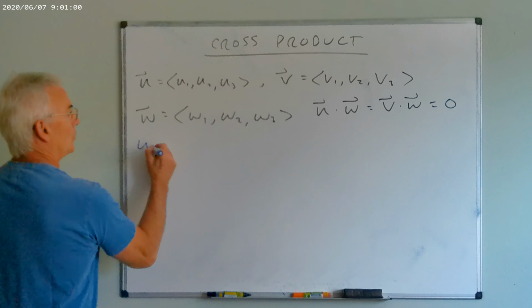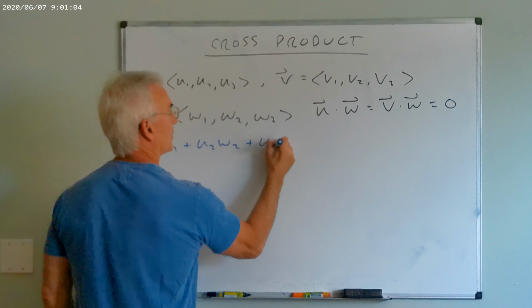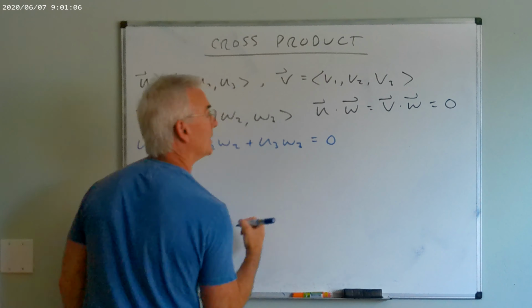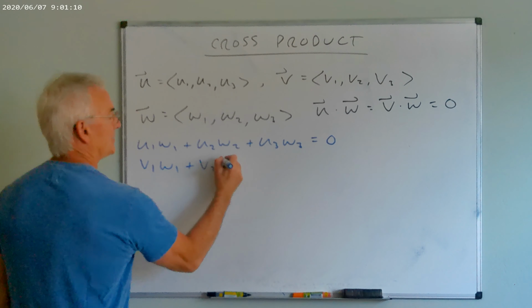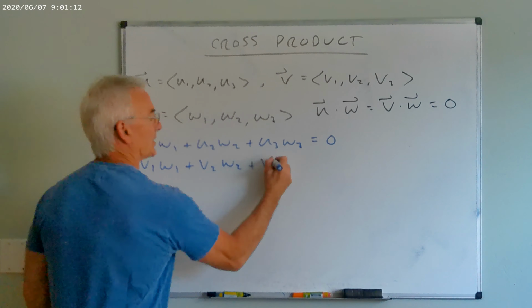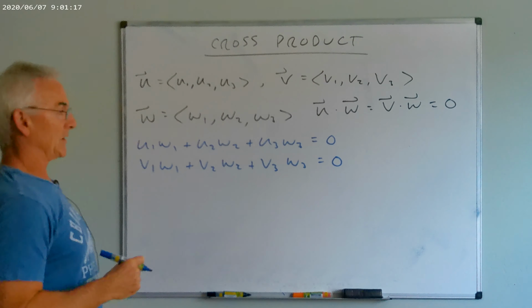So I want U1 W1 plus U2 W2 plus U3 W3 to equal 0, and simultaneously V1 W1 plus V2 W2 plus V3 W3 to equal 0, and then solve that system of equations.